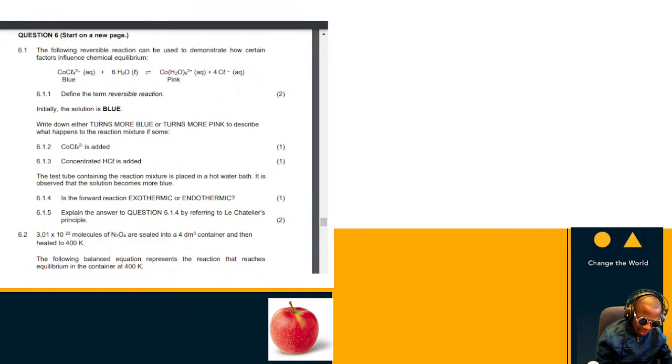So the answer here is that it will be more pink.